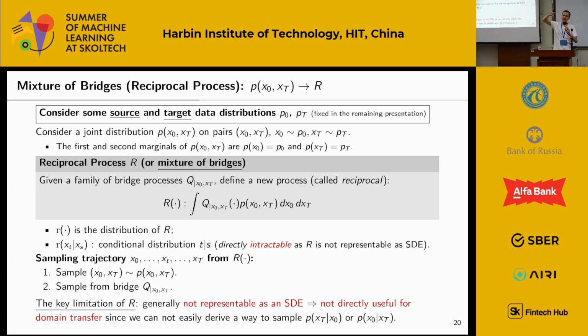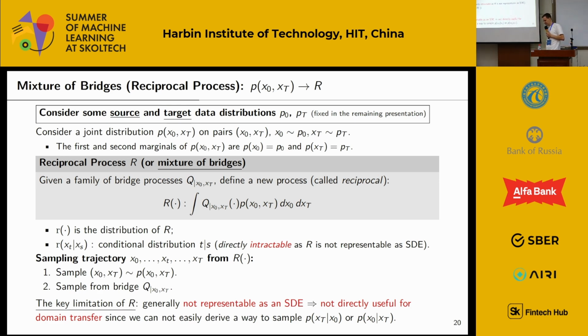Then, to complete the remaining part of the trajectory, the inner part from 0 to 1, we need to insert the trajectory of some bridge process. So if we want to sample a trajectory, we just sample a pair of start and end points, and then sample a trajectory from the bridge process conditioned on these two particular points.